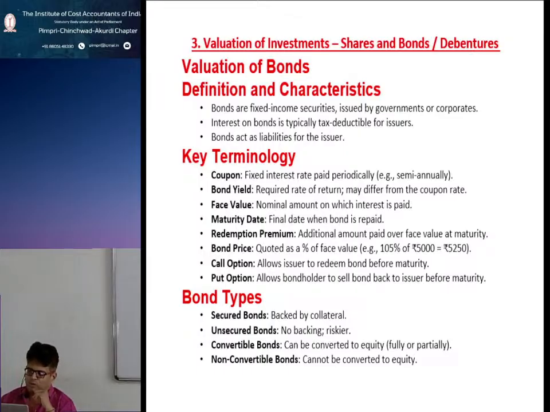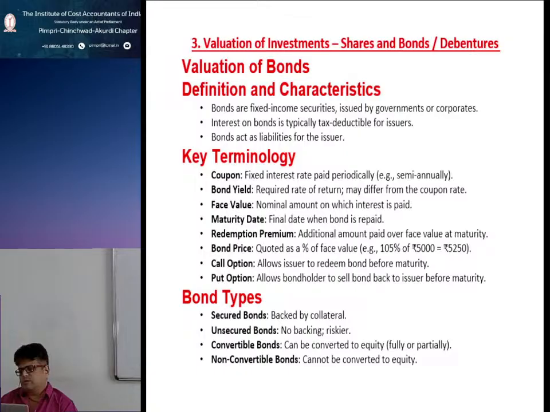And a put option allows the bond holder, that is the investor, to sell the bond back to the issuer before maturity. So that's what call and put options are. Call option is for the issuer and put option is for the bond holder.